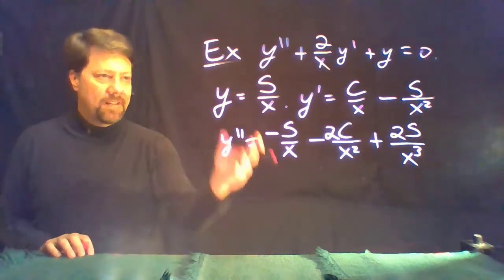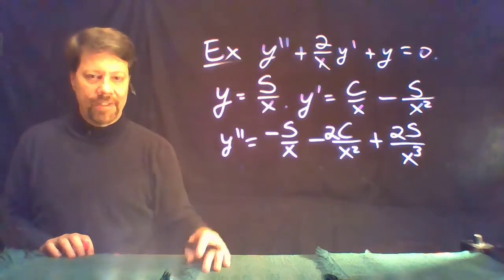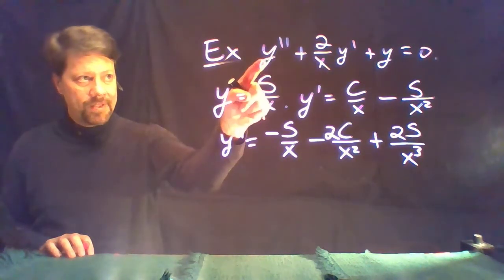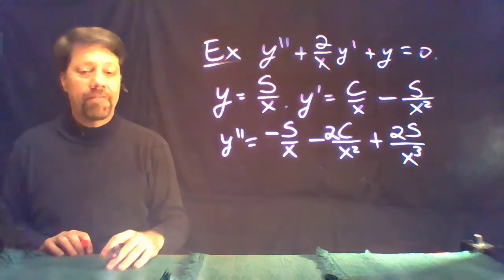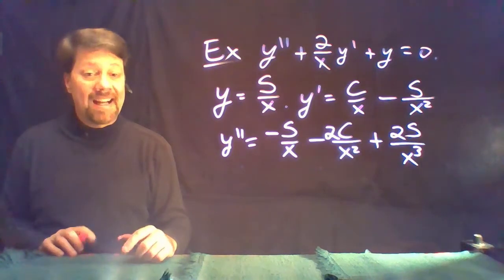To check that the function y equals sine of x over x is a solution requires that we plug all of these into the differential equation and verify that we get an identity.